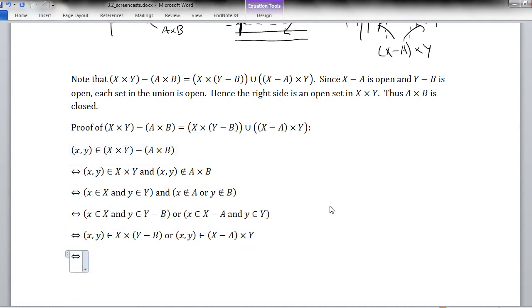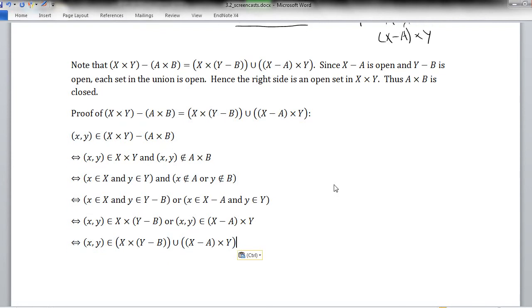And now you see where the union comes from. Copy the right side of my equation up here. If the point (x,y) is in one or the other, then we can say that it's in the union. Okay. So we're done. We have shown that a point (x,y) in the set X times Y is in the complement of A times B if and only if it's in this union on the right side here. That finishes our proof.